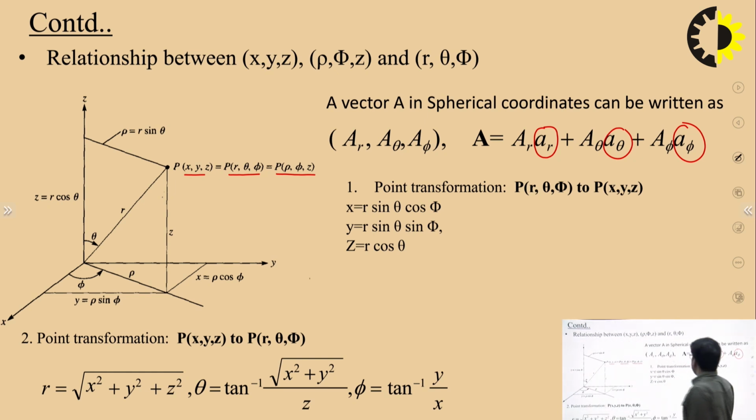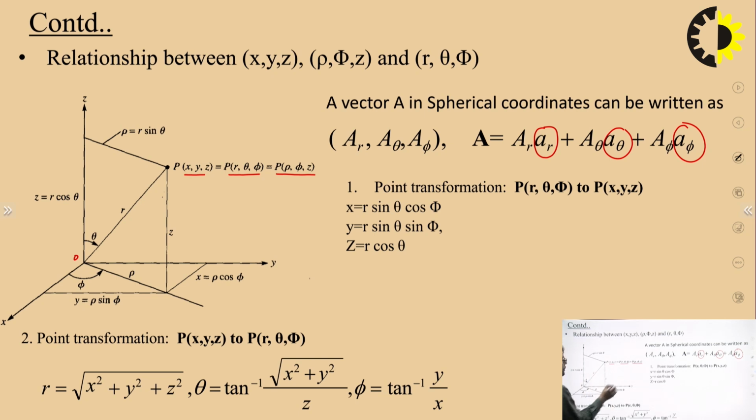The point transformation of r theta phi into x y z. So here the relationship between x y z and r theta phi, as you can see in the figure, this P point has the distance r from this origin point, and this theta angle is made from the z axis. That's why this r has two components: r cos theta, which is in the direction of z, and r sin theta, which lies in the xy plane.